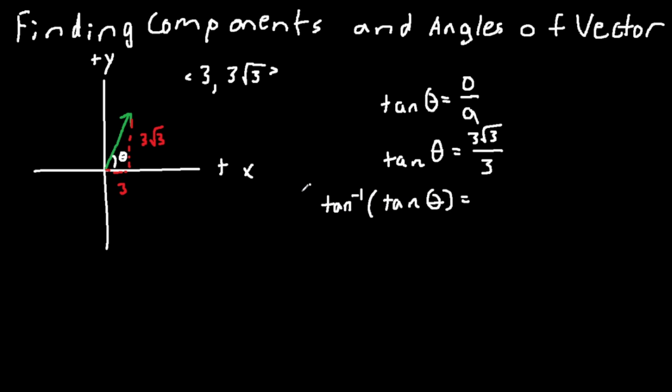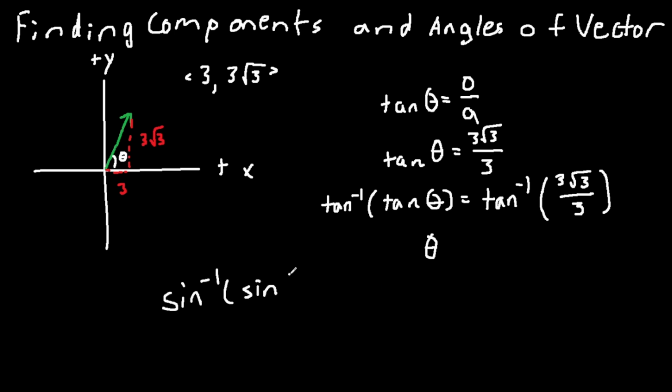When you do one thing to one side of an equation, you have to do it to the other side as well. And what happens is theta gets left behind. When you take the inverse tangent of a tangent, you just leave behind theta.